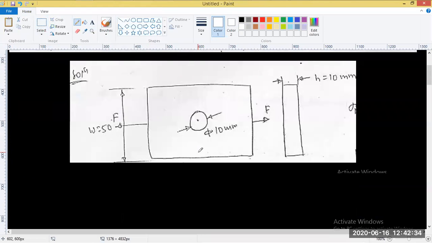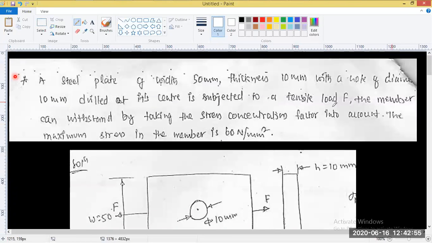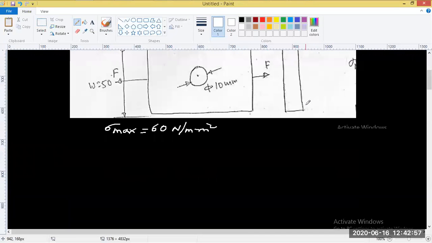What is given is the maximum stress, sigma max, as 60 newtons per mm squared. What is asked is you need to find the force, the tensile load F. What is the tensile load F which is acting on this particular material?